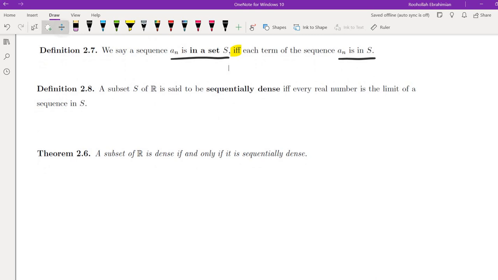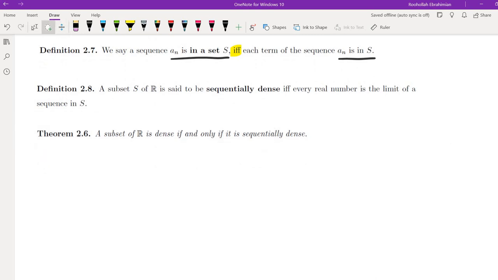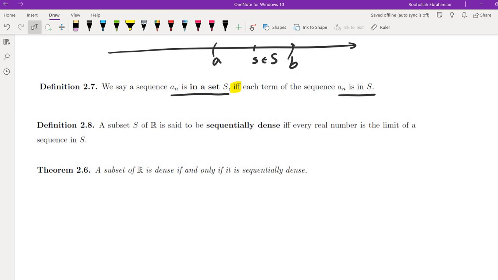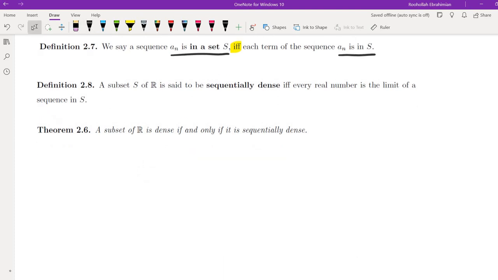Now, the interesting thing is that these two notions, sequentially dense and dense, are in fact equivalent. We're going to go over the proof of this one, and then we'll do an example on that. A subset of R is dense if and only if it is sequentially dense.